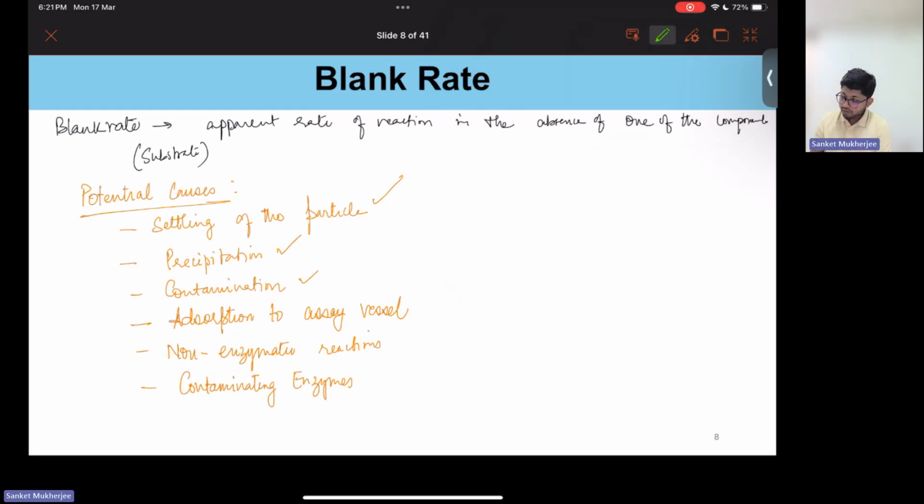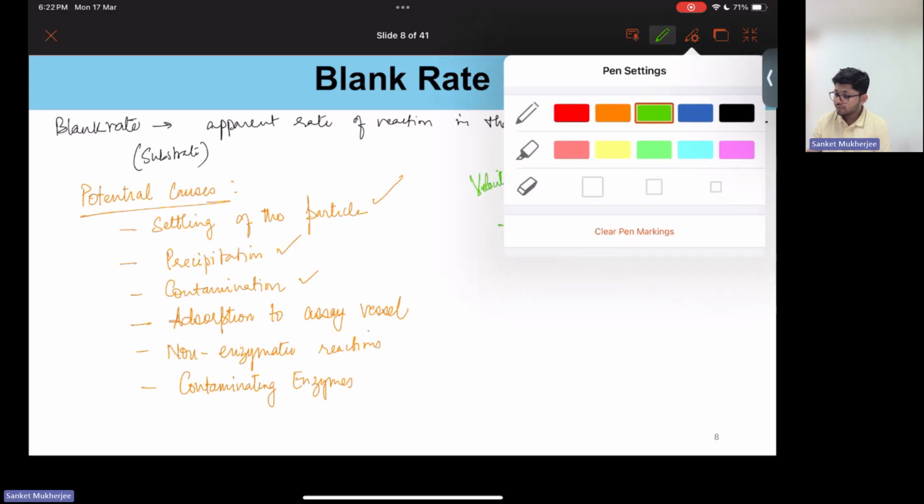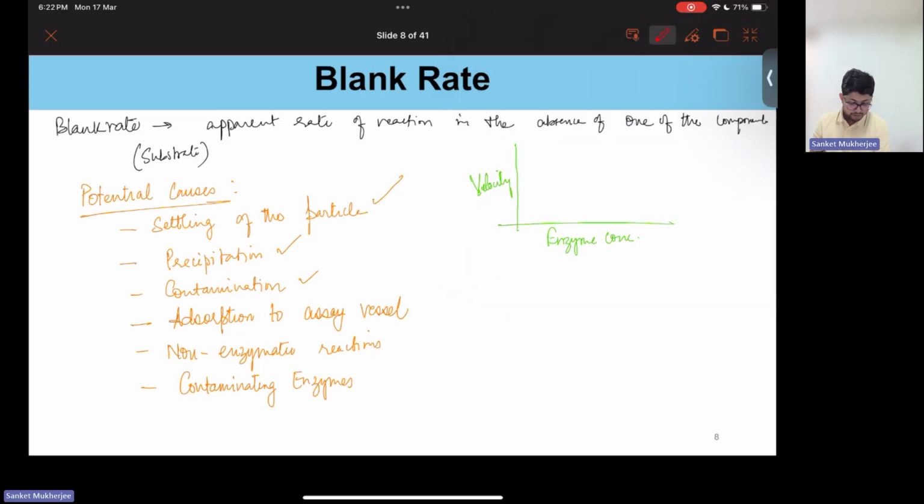So if we see the velocity versus enzyme concentration curve, then we will observe a curve which passes through the origin.